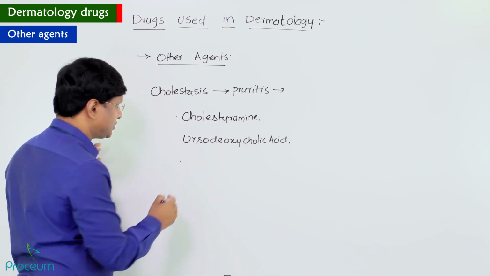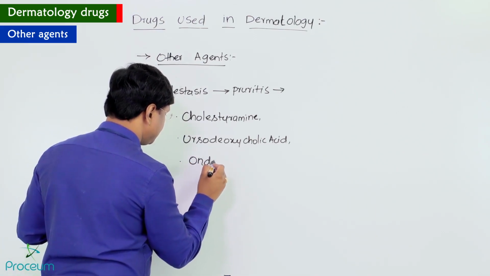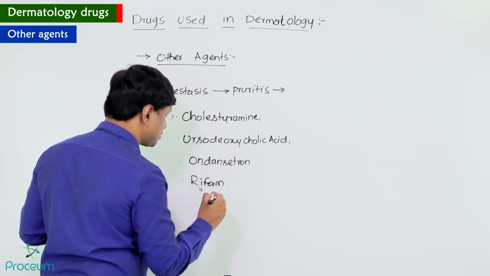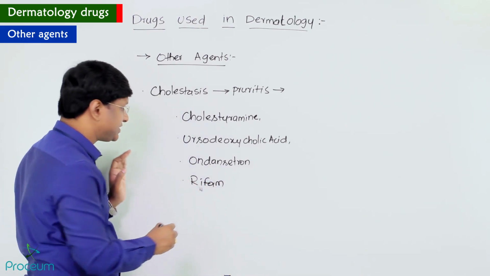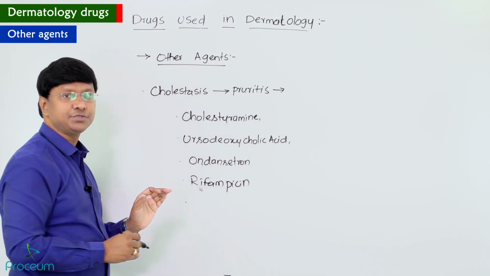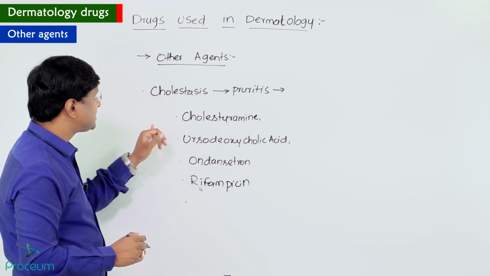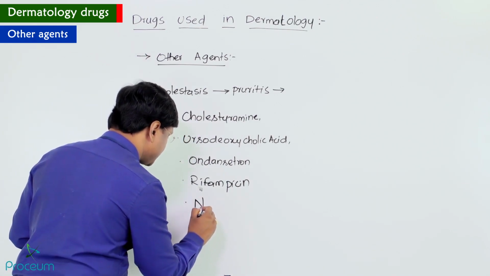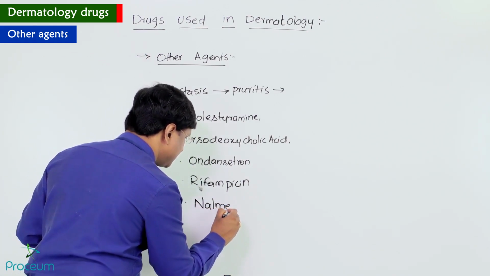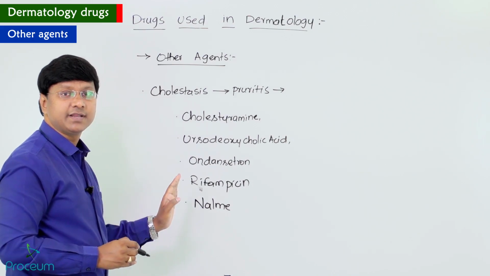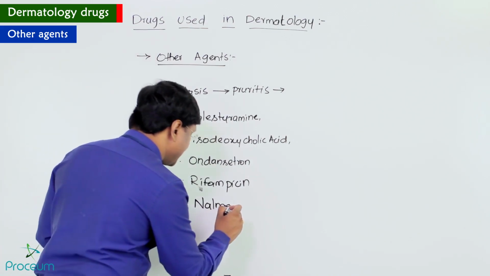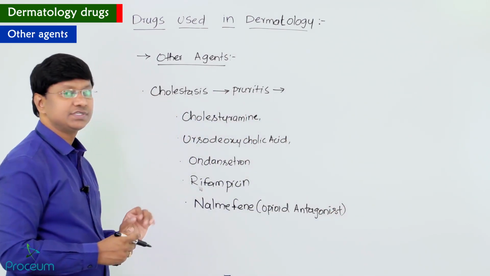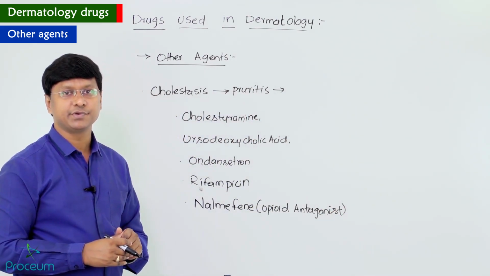It also responds to ondansetron, and then to an anti-tubercular drug called rifampicin, which is a first line anti-tubercular drug. This cholestasis associated pruritus also responds to nalmefene, and remember, nalmefene is an opioid antagonist. So this is about your cholestasis associated pruritus.